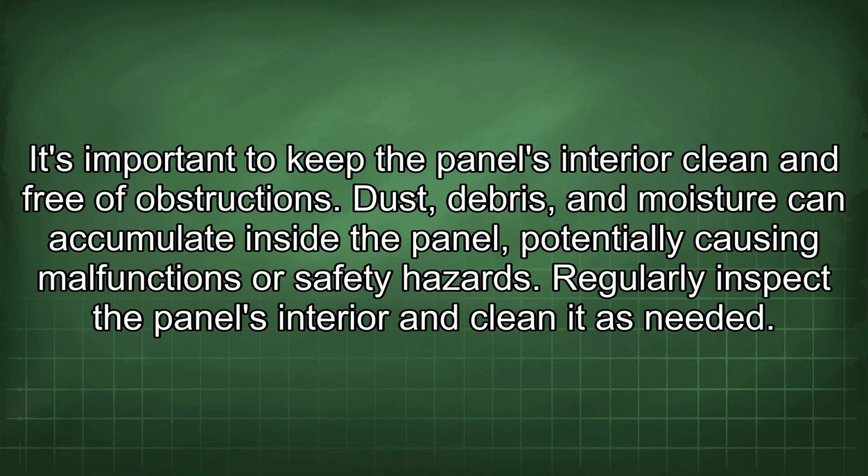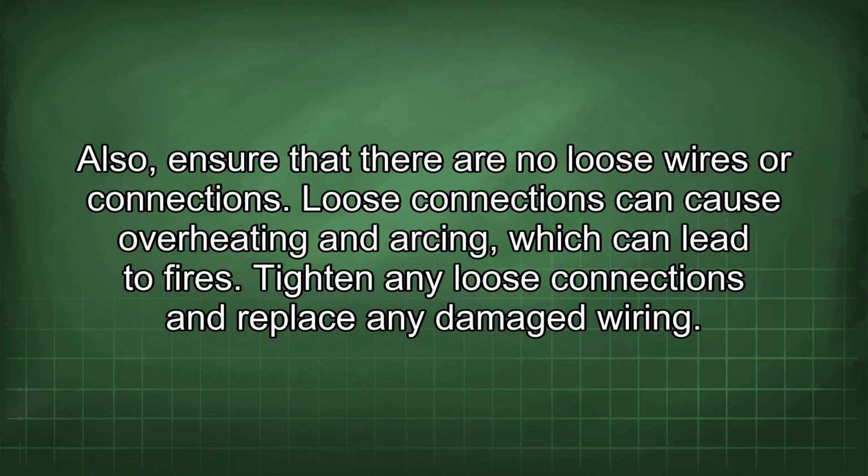It's important to keep the panel's interior clean and free of obstructions. Dust, debris, and moisture can accumulate inside the panel, potentially causing malfunctions or safety hazards. Regularly inspect the panel's interior and clean it as needed. Also, ensure that there are no loose wires or connections. Loose connections can cause overheating and arcing, which can lead to fires.